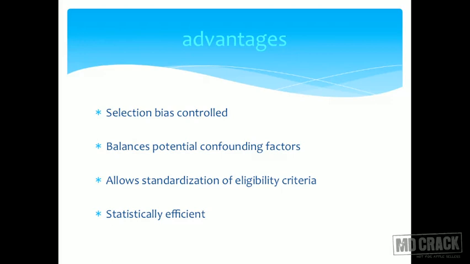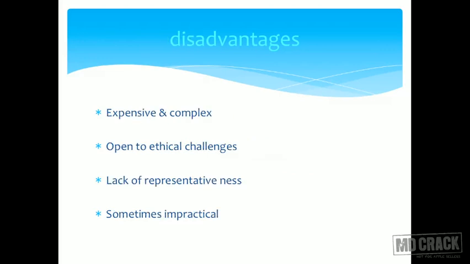It allows standardization of eligibility criteria, and it is statistically a very efficient design because, as we saw, all the assumptions that the statistical tests make are fulfilled when we use a randomization design. Disadvantages of RCTs in short: they are very expensive and complex. Obviously, if you look at the pharmaceutical market, pharmaceutical companies have to invest billions of dollars.